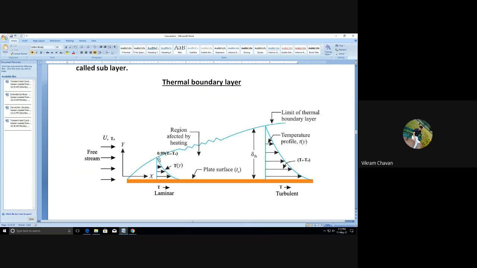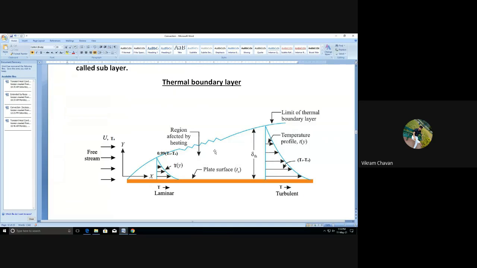Temperature profile means this temperature variation; these arrows show the quantity of temperature. Below this curve, temperature varies with respect to the y direction, so T is a function of y in this region.